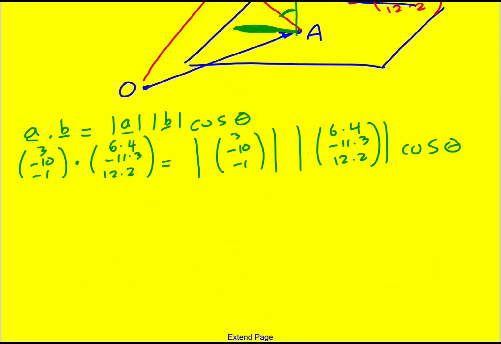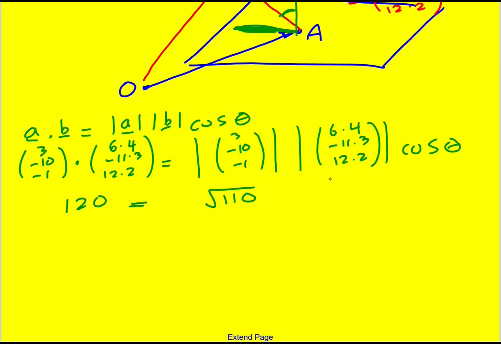Right, we've just got a calculator for this. So when you work the left-hand side out, you actually get 120. Works out really nicely. Use 3D Pythagoras. It's going to be 3 squared plus 10 squared plus 1 squared over here. And that ends up being root 110.